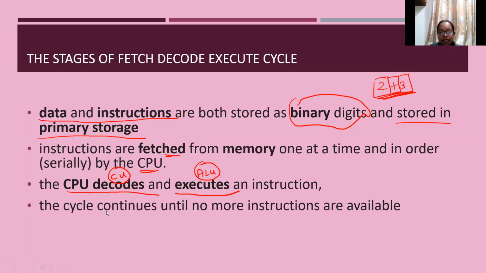It will continue this cycle until no more instructions are available in RAM. As long as the RAM has data and instructions to be executed by the CPU, this cycle will go on. Once the RAM doesn't have any data and instructions, the cycle will stop.